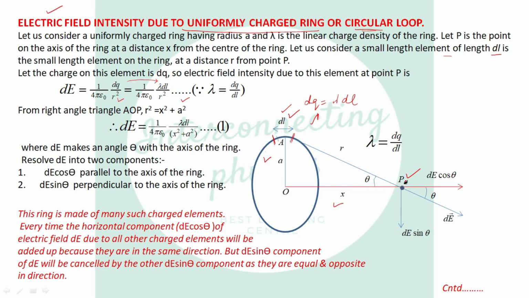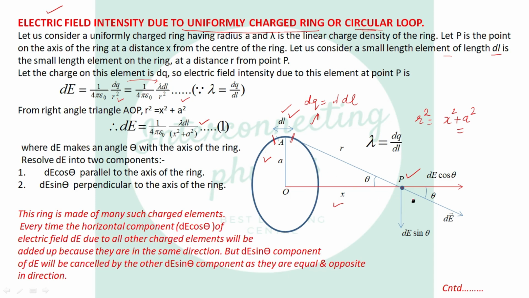So let us say point P is at a distance r from this length element, then r square equal to, using Pythagoras theorem, hypotenuse square equal to base square plus perpendicular square. So substitute the value here. You get dE equal to 1 over 4 pi epsilon naught lambda dl over x square plus a square.